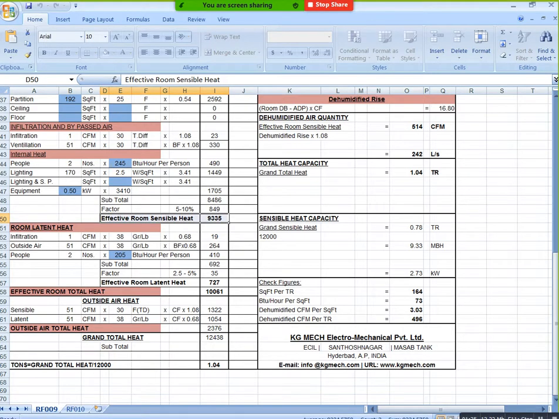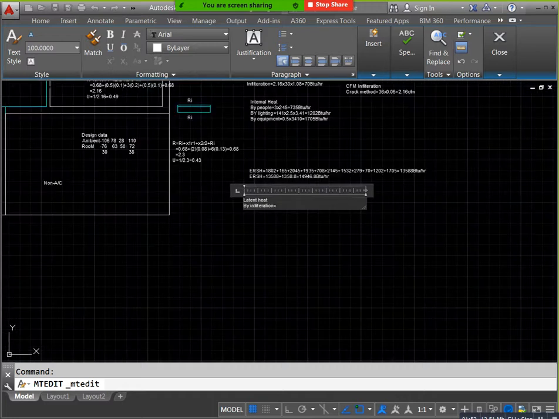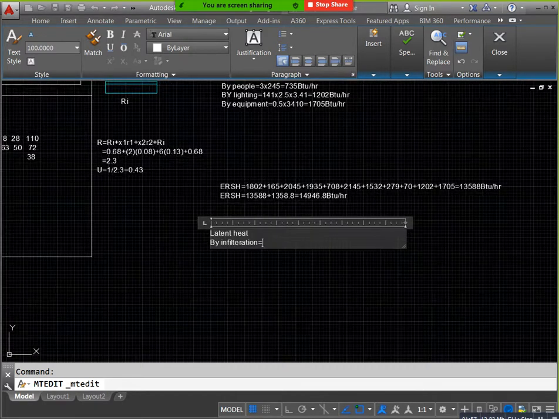Okay, by infiltration how much heat flow rate is there. Now you can mention infiltration. Already we got CFM infiltration here. By crack method we calculated our CFM infiltration as 2.16. Now you can mention 2.16 multiplied with, here we have one formula for that.